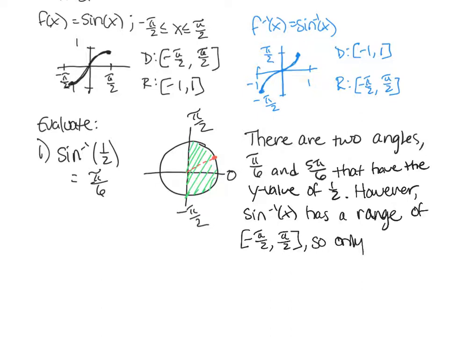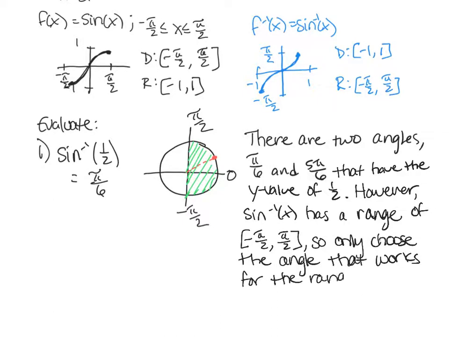So only choose the angle that works for the range. So like I said, all of our answers have to be in that green shaded area, because that's all the information that we have for our sine inverse. So please be careful about that.